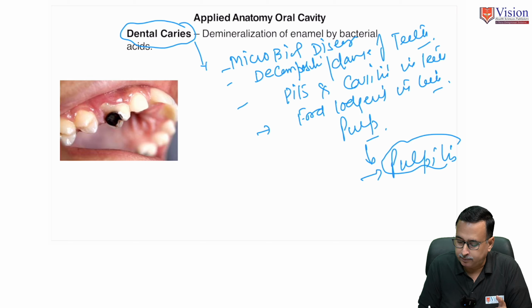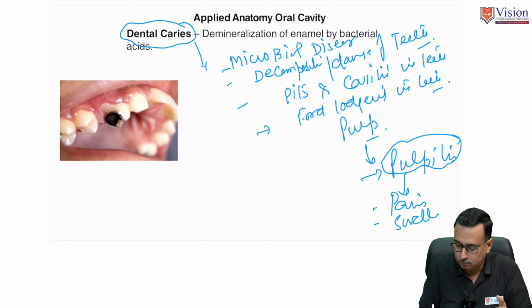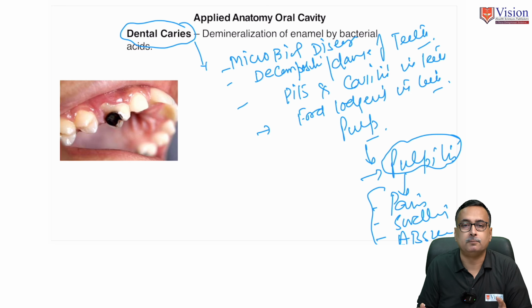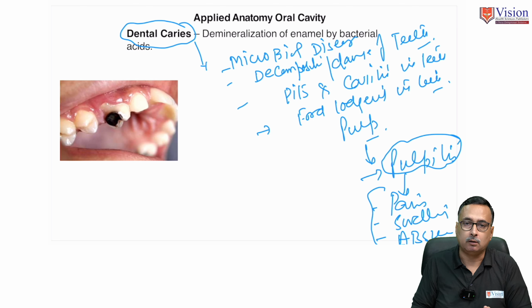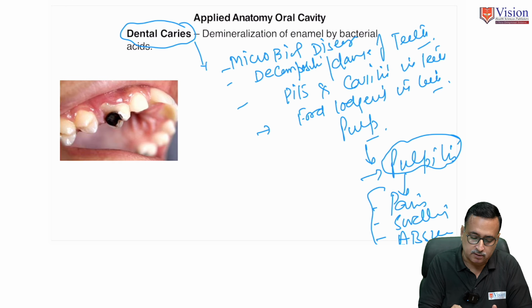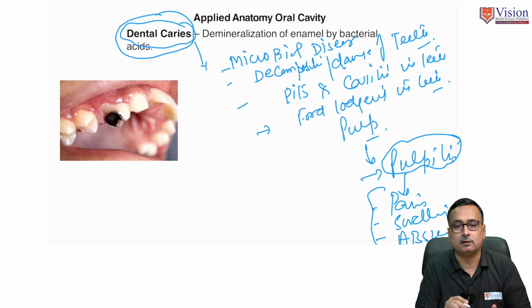This pulpitis is the cause of pain and swelling and abscess formation. All these symptoms manifest in the form of a dental abscess or periodontal abscess. So this is the consequence of having dental caries in teeth.